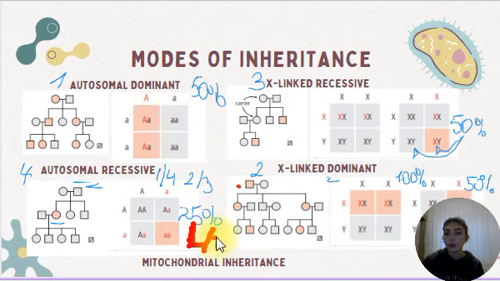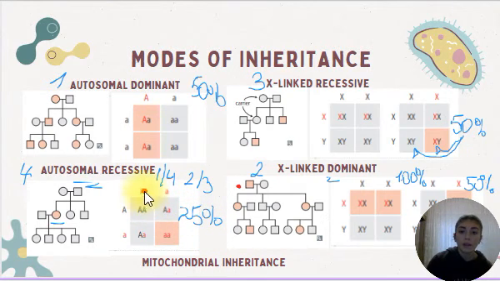Like one of the four children is affected, which means 25% of children are affected with the disease. So of these three healthy children, two are carriers. So two of these three children are carriers.